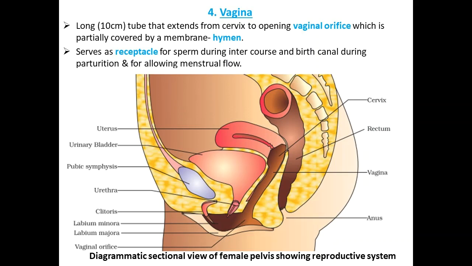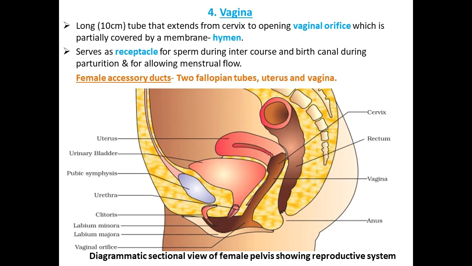So, two fallopian tubes, uterus plus vagina. These three structures collectively constitute the female accessory ducts. Just repeating, two fallopian tubes or oviducts lead into the uterus, and the uterus leads into the vagina.